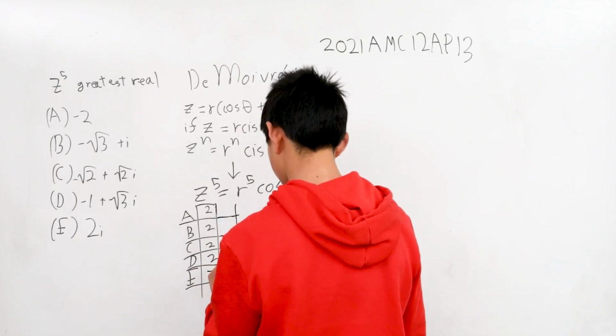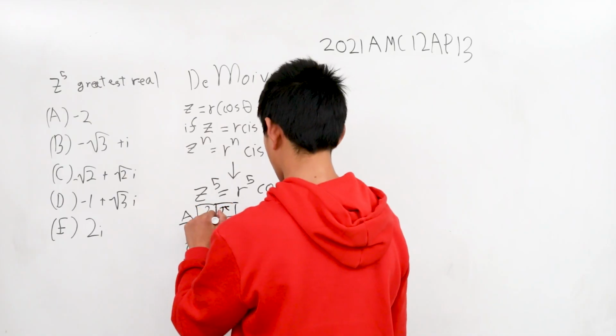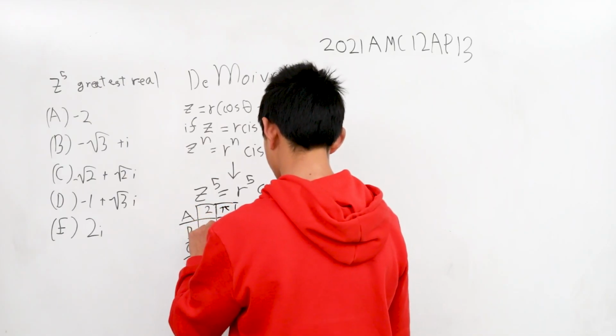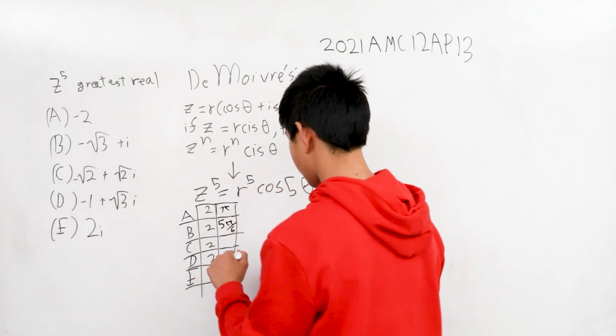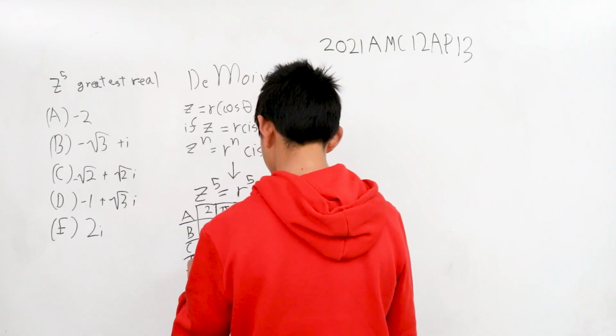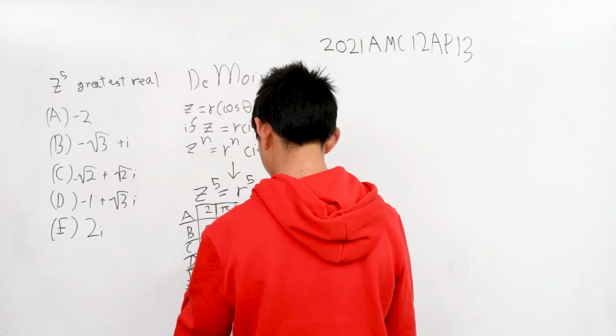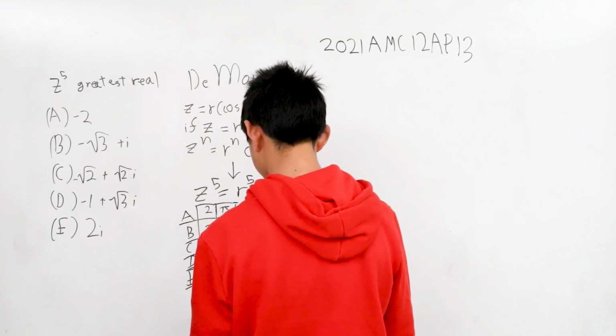So this is where things start up. For answer choice A, the angle is pi. For B, it is 5 pi over 6. C is 3 pi over 4. D is 2 pi over 3. E is pi over 2.